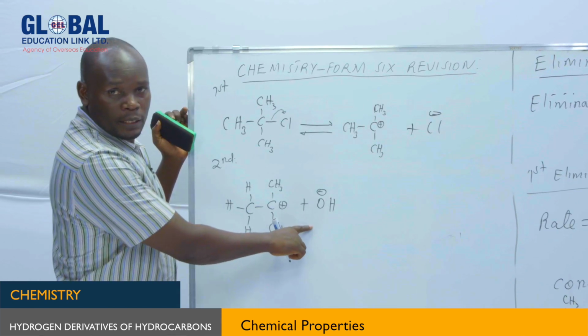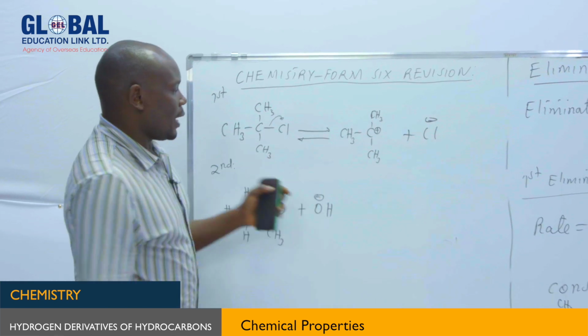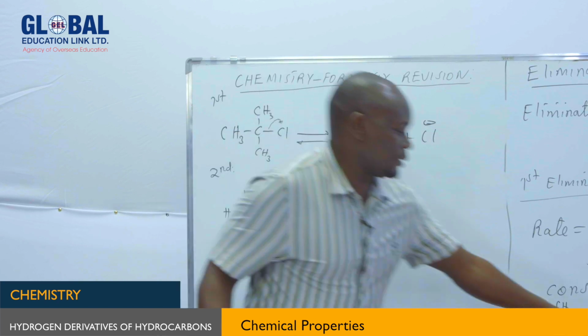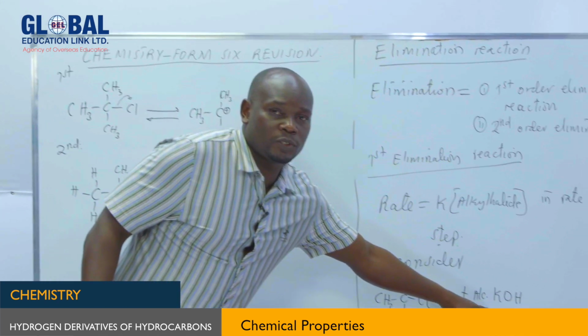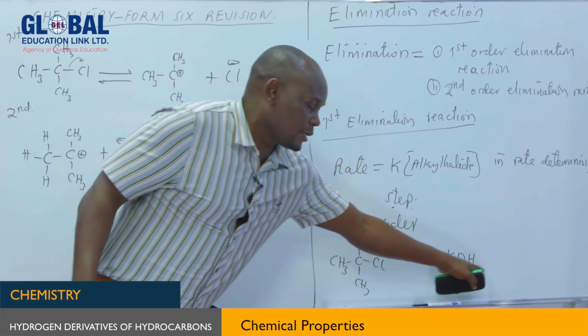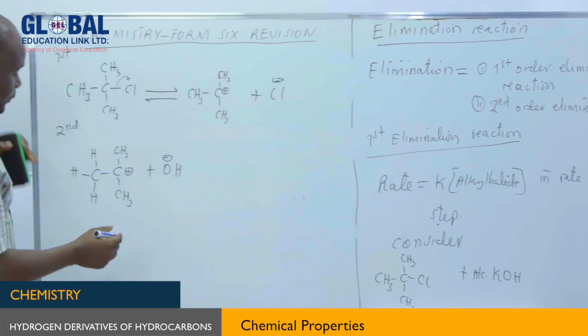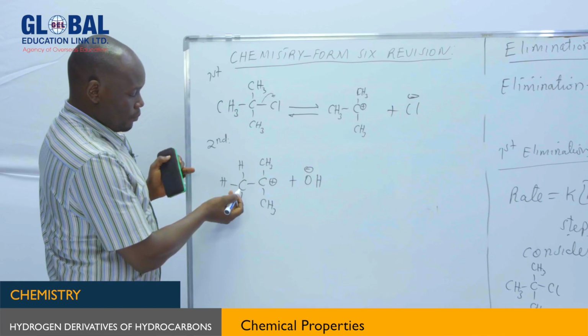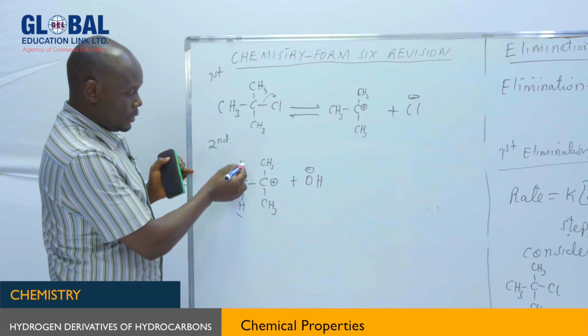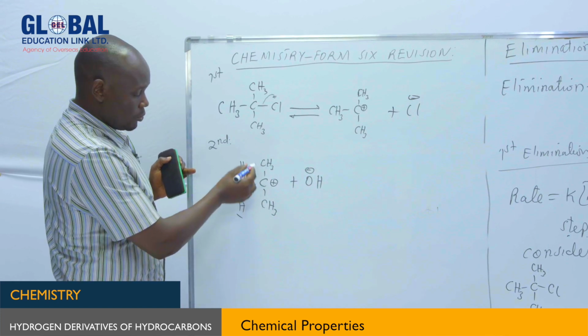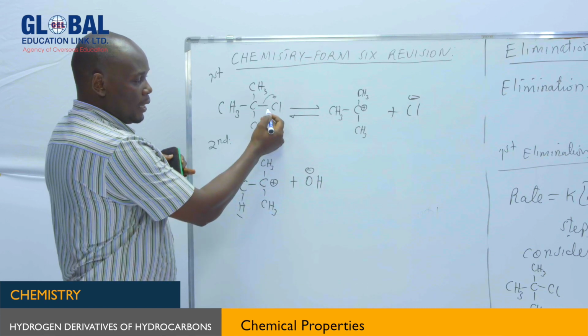These hydroxide ions are released by the alcoholic potassium hydroxide. The role of the potassium hydroxide is to release hydroxide ions. Here these are the beta hydrogens.